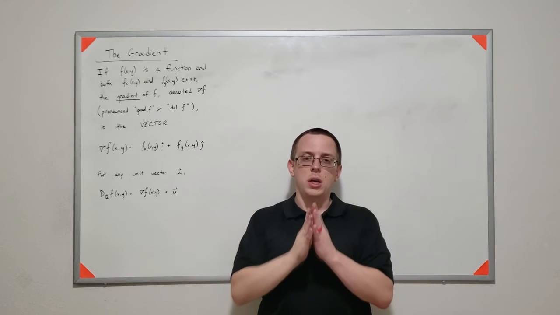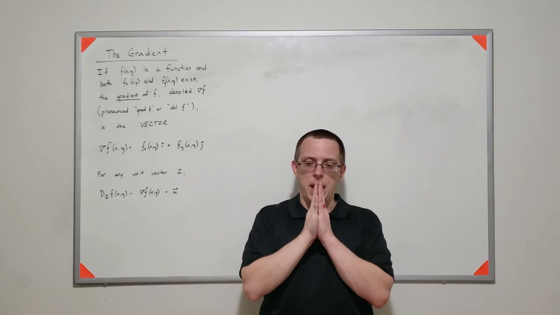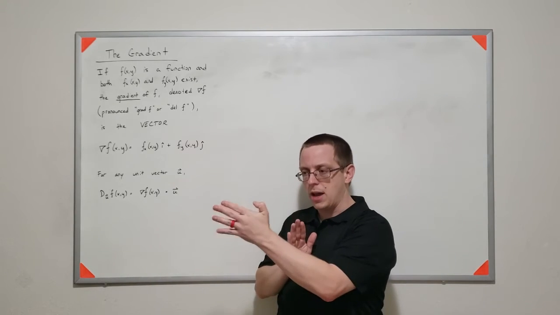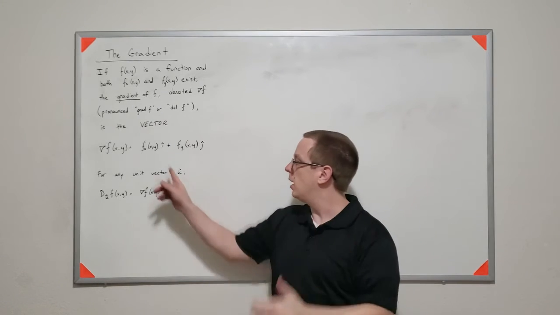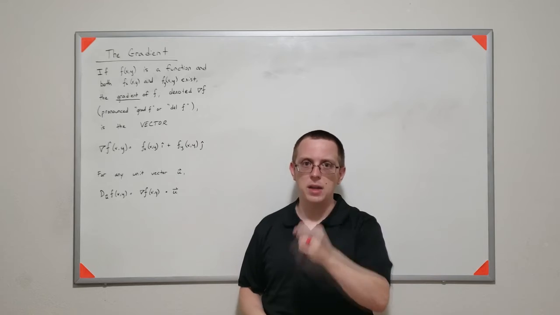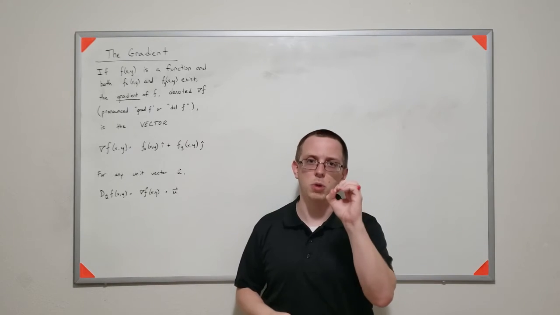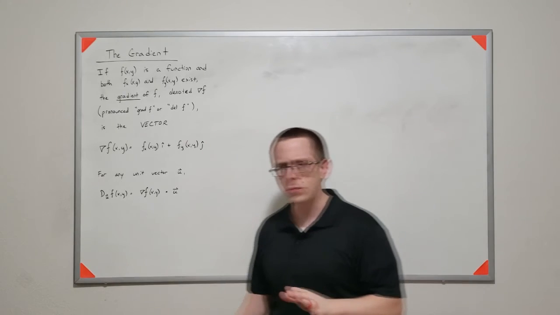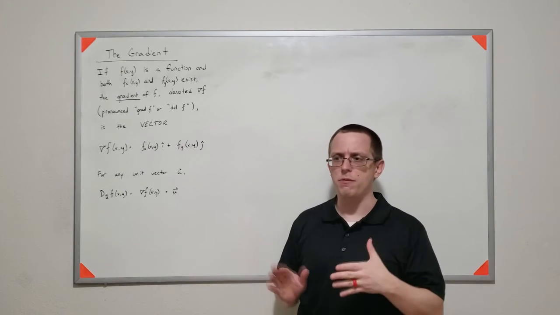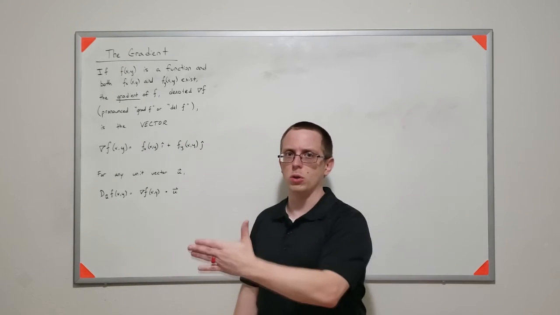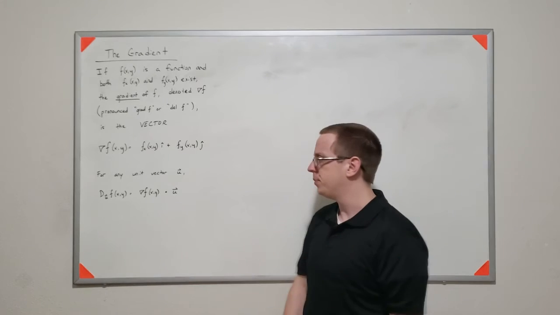So you essentially take the partial with respect to that direction and assign it to that component in the direction. Again, very natural to think about this idea of a vector where the partials are along those axes.